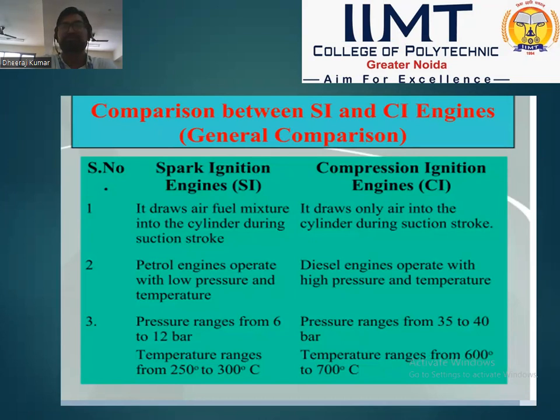This is the comparison between SI and CI engines: spark ignition engine and compression ignition engine. First difference: the SI engine draws an air-fuel mixture into the cylinder during the suction stroke, while the CI engine draws only air. The petrol engine operates at low pressure and temperature, and the diesel engine at high pressure and temperature.